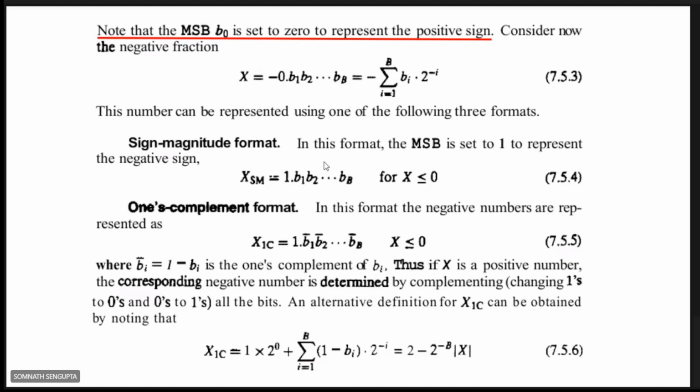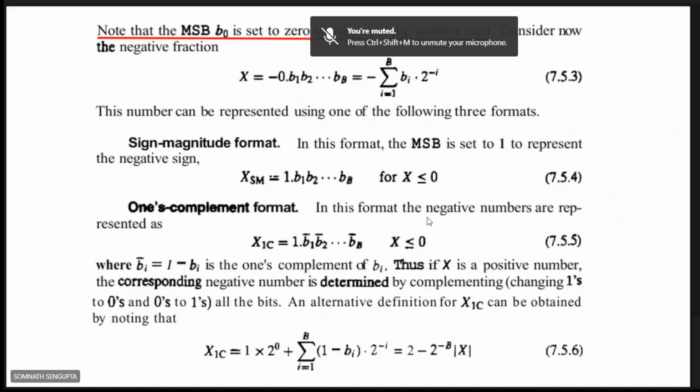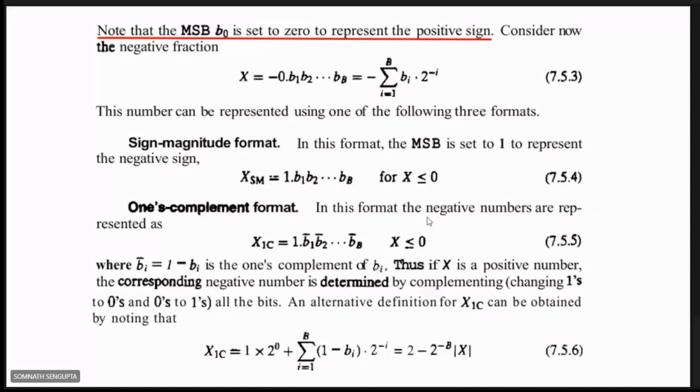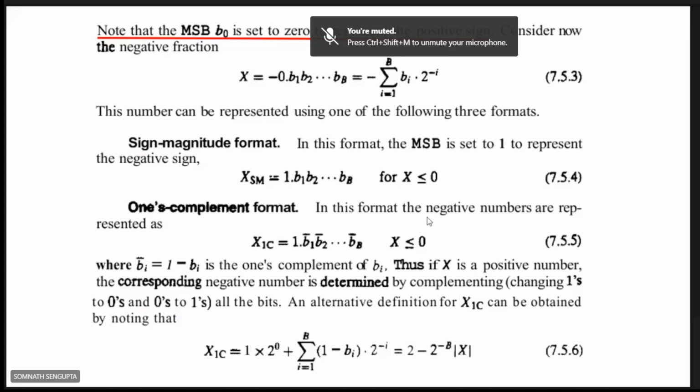Okay, and in one's complement, how do we get one's complement? First you have to write the number in terms of its corresponding positive sign magnitude format. Then you invert all the bits, and you get the one's complement format.